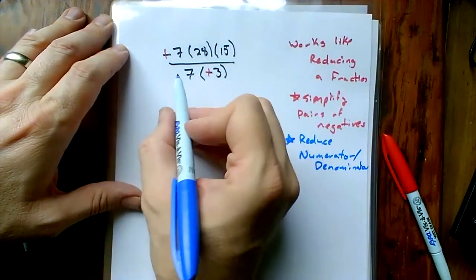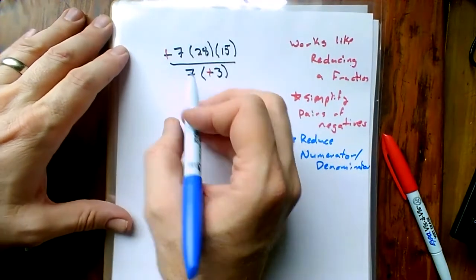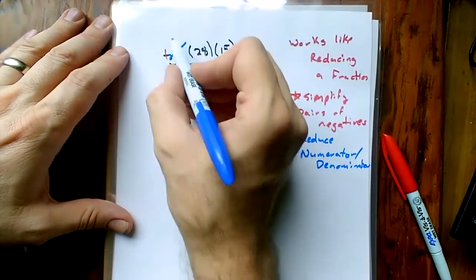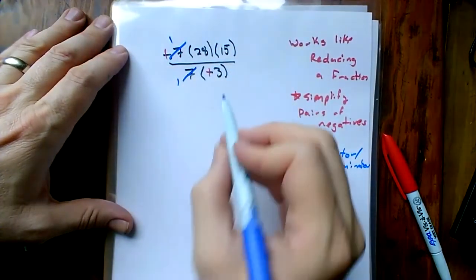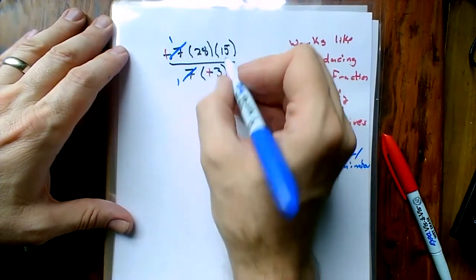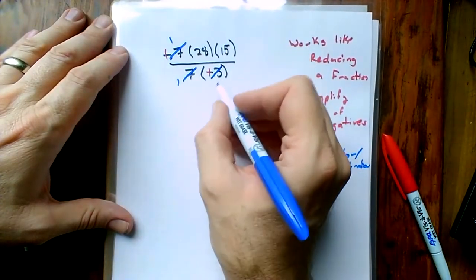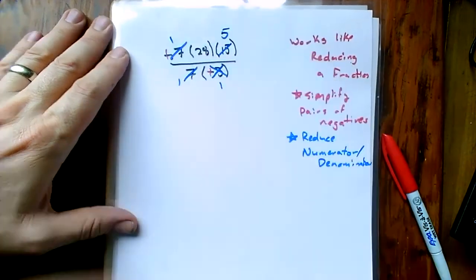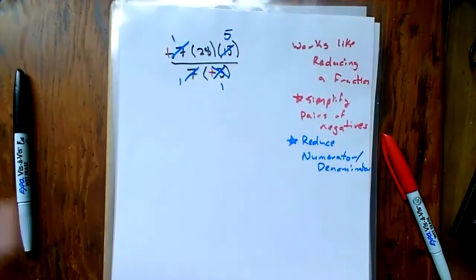So I'm essentially dividing terms in both the numerator and denominator. 7 divided by 7 is 1. I can divide both 15 and 3 by 3. So this would be a 1 here, and that would be a 5 there. I don't have anything else I can reduce.